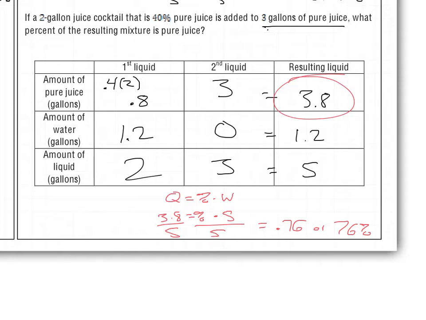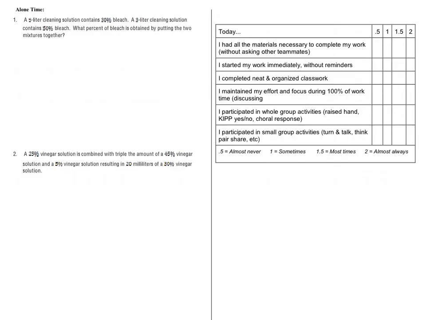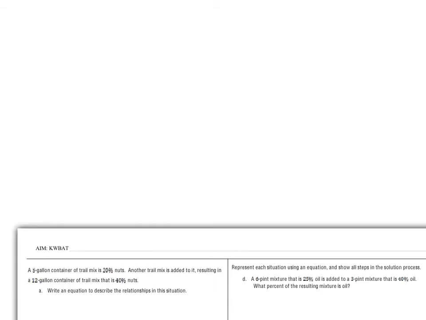Okay, so let's go ahead and move on and look at our aim for today. We've actually already gotten started on it. All right, today's aim: Kipsters will be able to use a table and write equations to solve mixture problems.